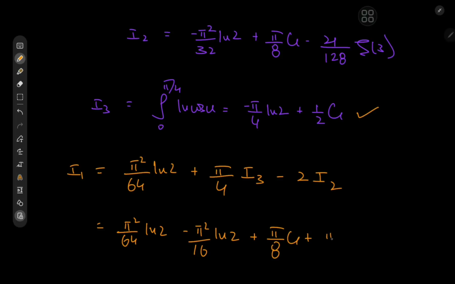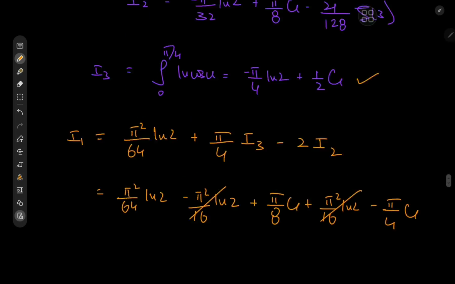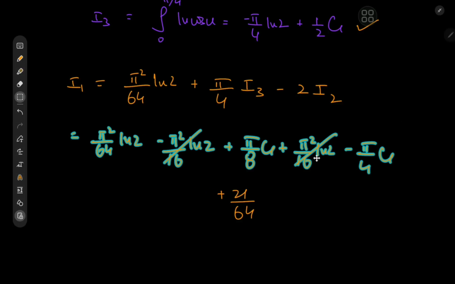So that means plus sign here, pi squared by 16 log 2, some nice cancellation straight away, minus pi by 4 times Catalan's constant, and you have a negative sign, so now it's a plus sign, plus 21 by 64 times zeta 3. Okay, that's a pretty striking result, no doubt about that.